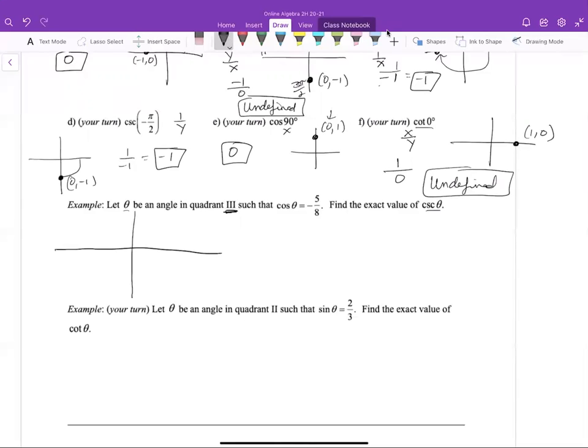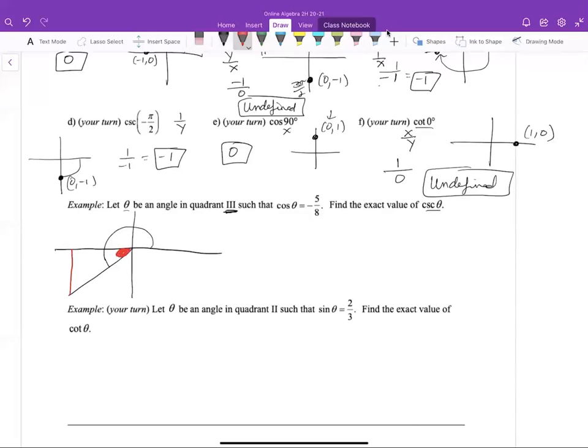So let's create our angle. We know that cosine of some theta, and this theta is in the 3rd quadrant. So I am in this quadrant, and I'm going to create my triangle with the x-axis.